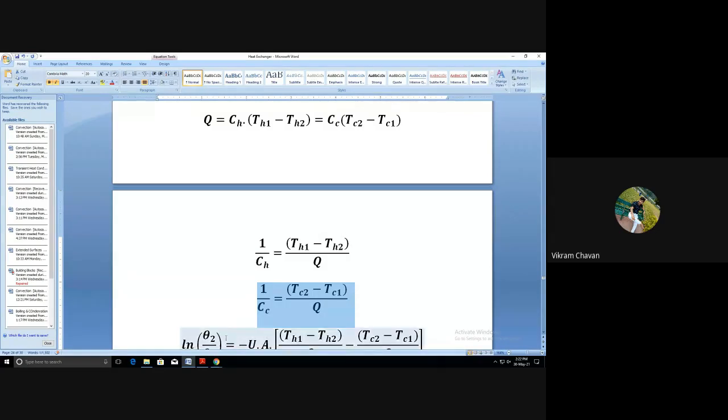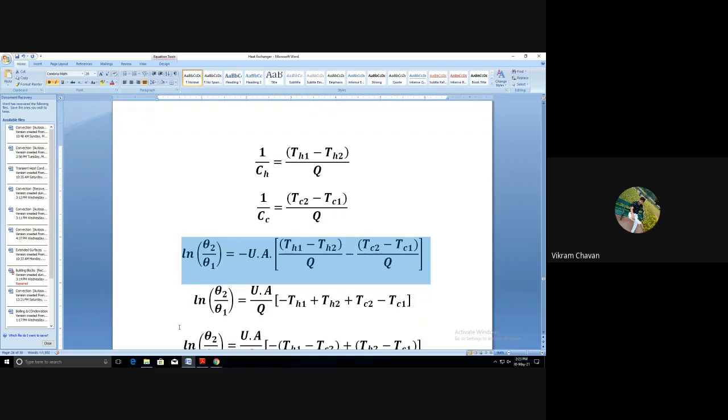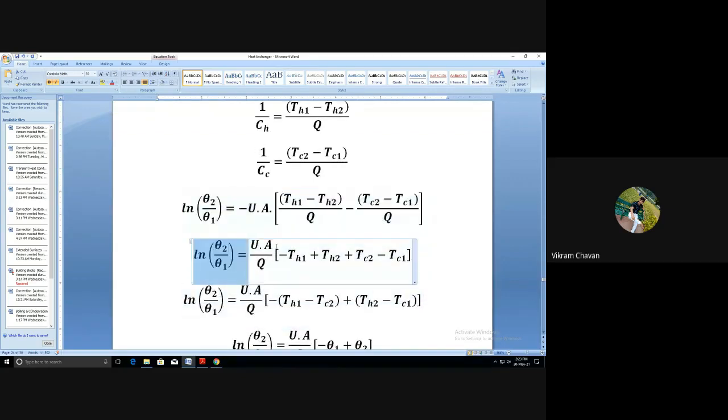So put these values in the previous equation. We get ln of theta 2 divided by theta 1 is equal to minus U multiplied by A. Put 1 upon Ch value as inside bracket Th1 minus Th2 divided by Q, and minus 1 upon Cc value as Tc2 minus Tc1 divided by Q. Further, take minus Q common, so that out of the bracket you get U multiplied by A divided by Q, and inside the bracket the signs will be changed: minus Th1 plus Th2 plus Tc2 minus Tc1.